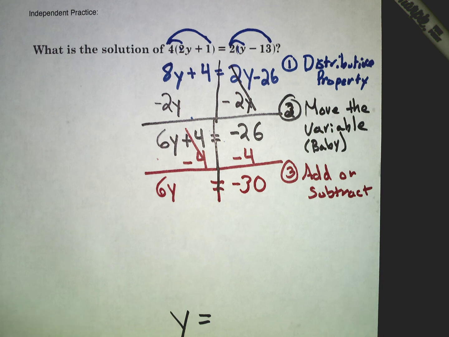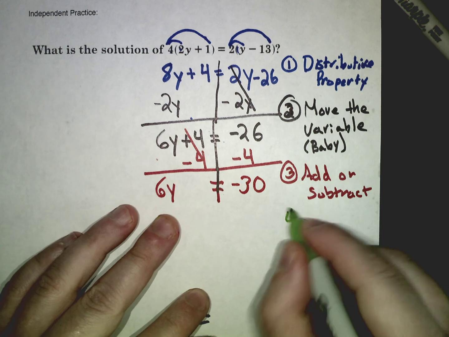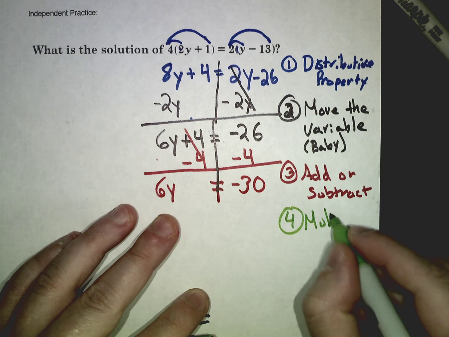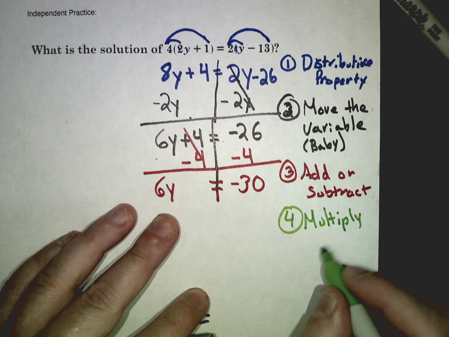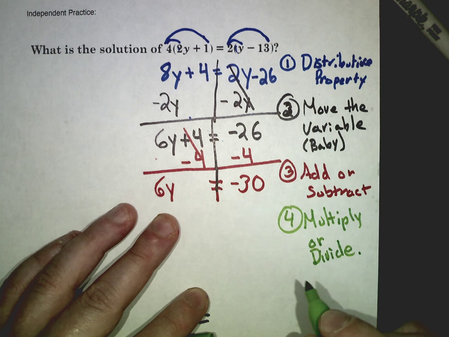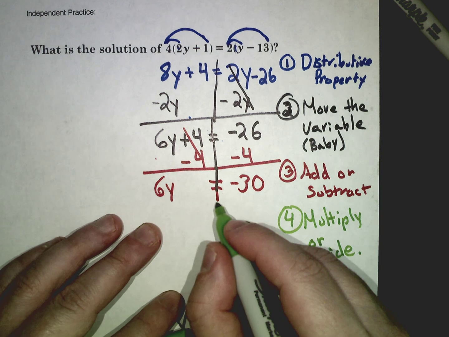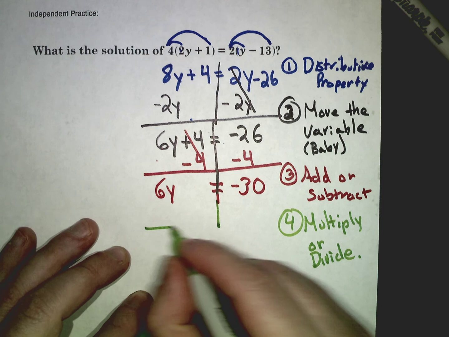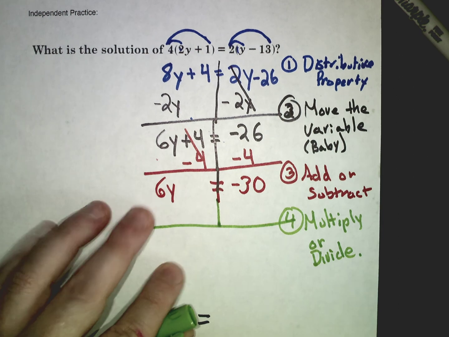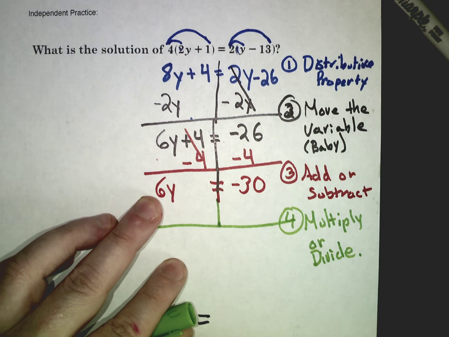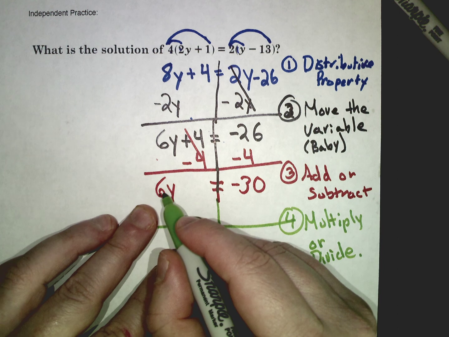Okay, so one more section. Let's do this one in green. Here we multiply or divide. Well, in this case, I look at this and I say, I got to get y by itself. That 6 is preventing that. This is really 6 times y.